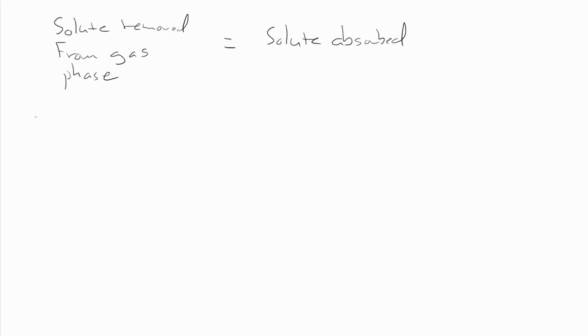All right, and the solute removed from the gas phase is going to be the vapor flow rate times the change in concentration, with a negative sign because it's being removed from the gas phase. And then when it enters the liquid phase, it's going to be determined by mass transport. So we'll say that this is just K_ya, our overall mass transport coefficient.